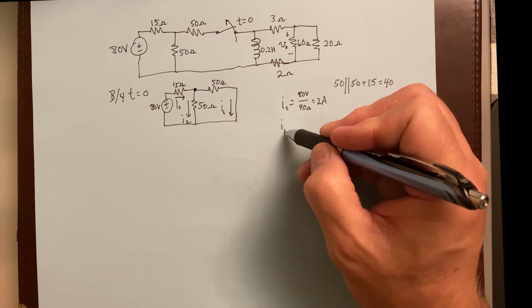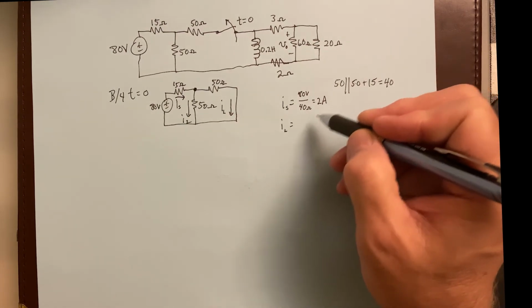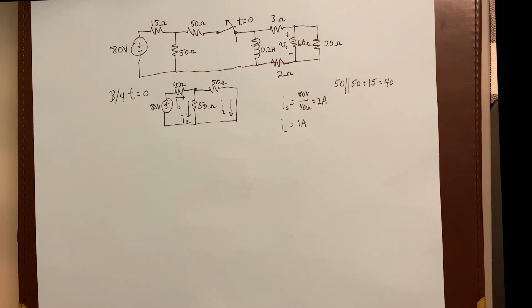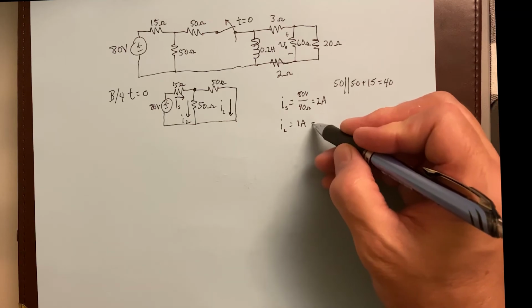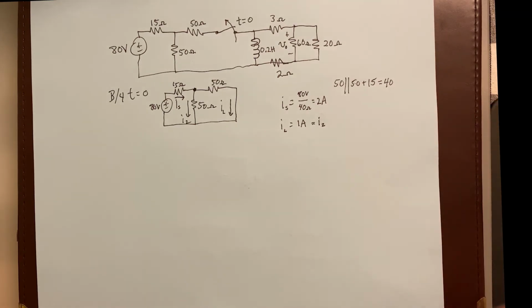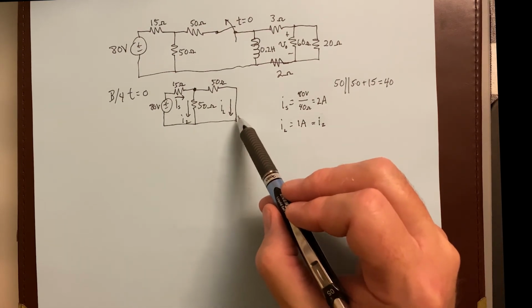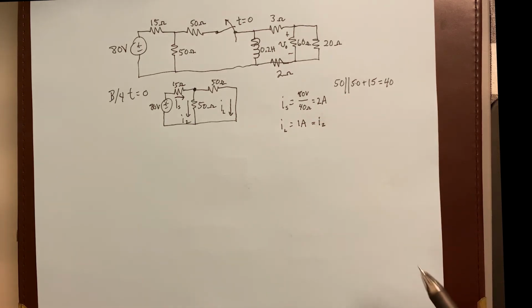So I sub L is going to be 1 amp. Okay. I sub 2 is also going to be 1 amp. Now, the reason we did that is because that's what the current is going to be through our inductor at t equals 0.